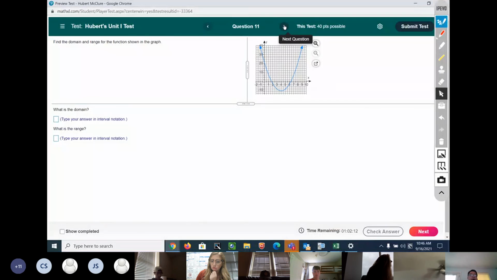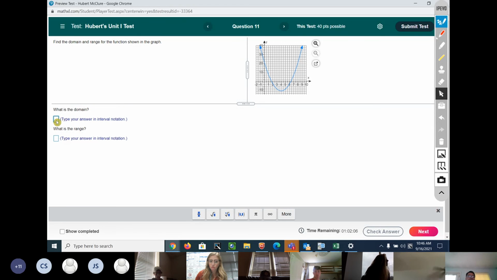Okay, domain. Somebody tell me what's the domain of this function with the arrows on both sides? Negative infinity to positive infinity. And the range is from the vertex, which looks like negative, I have no earthly idea.